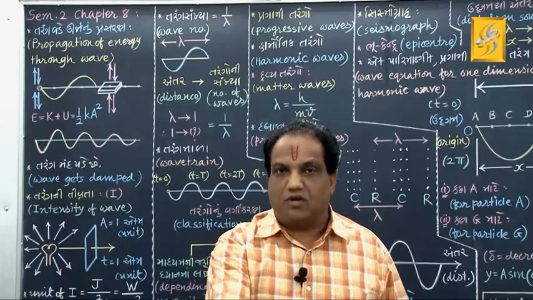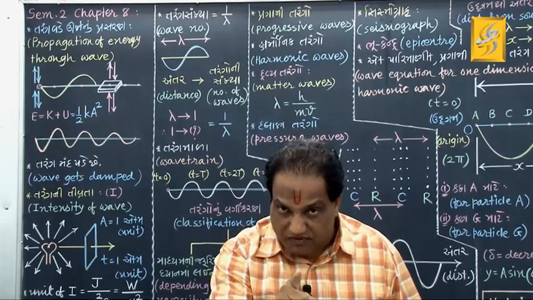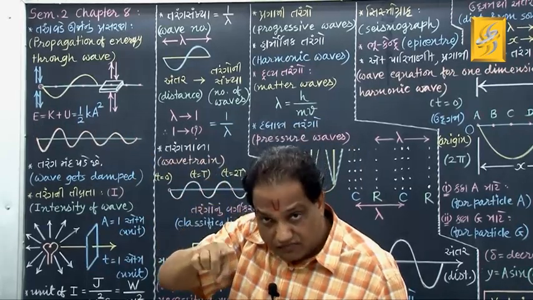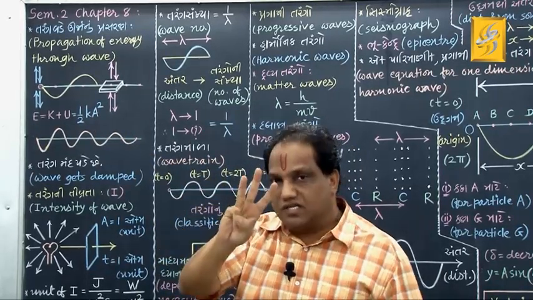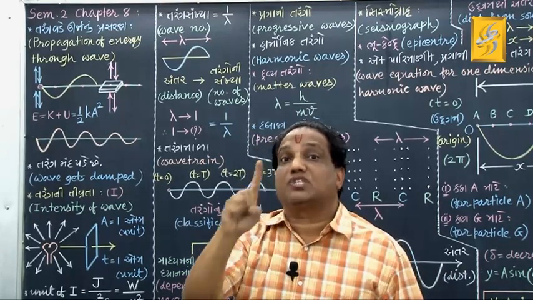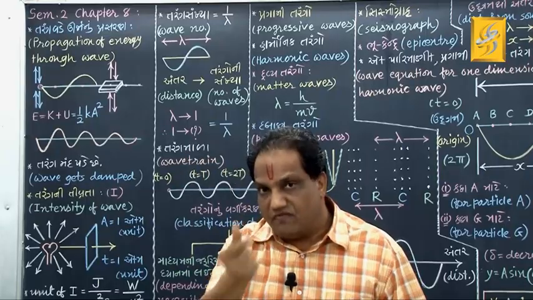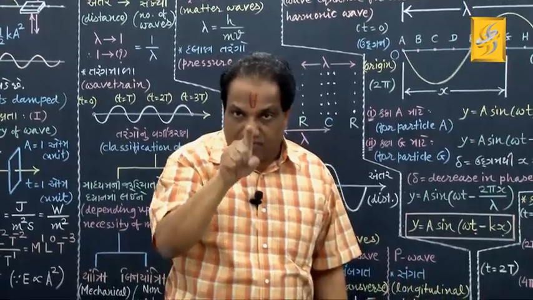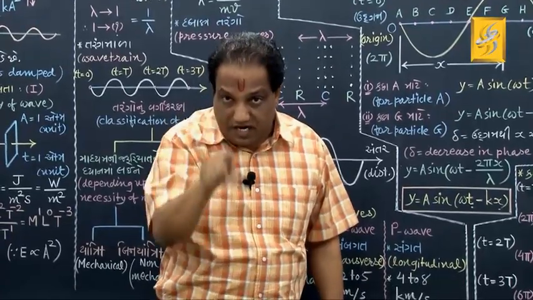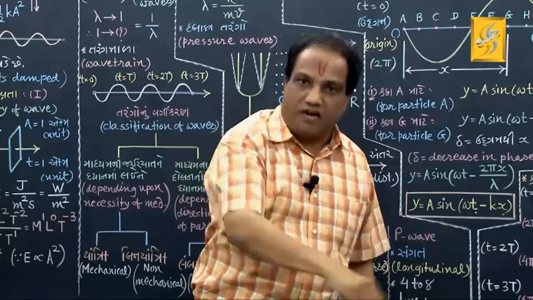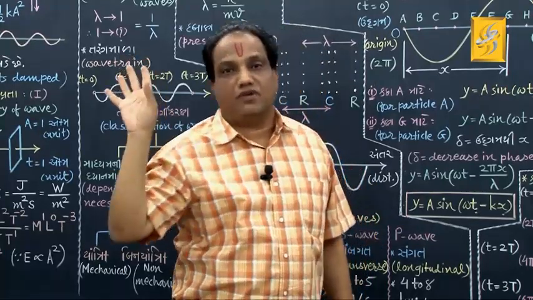The waves propagating on the water surface are transverse waves. Waves propagating in such a string are transverse waves. And you will study in third semester, electromagnetic waves are also transverse waves. How would you define it? During the propagation of a given wave, if particles of the medium oscillate in a direction perpendicular to the direction of propagation of the wave, then that wave is called a transverse wave.